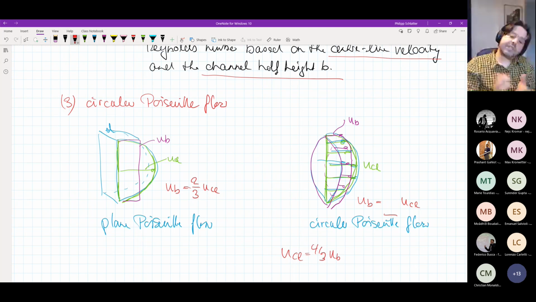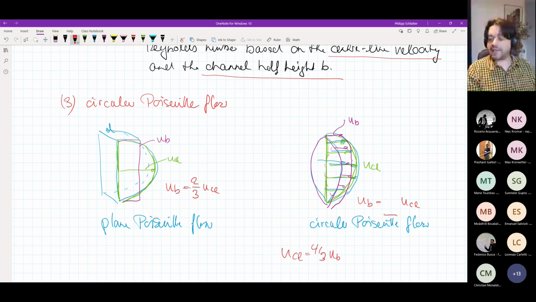You have a pipe which is round, and the highest velocities obviously are in the center. Now, in order to calculate the average over a circular area, it of course means that the region in the center is proportionally less present in this integral. So the area of the center region is proportionally less than in a planar geometry because of the round geometry.